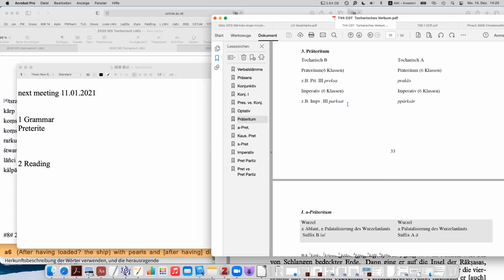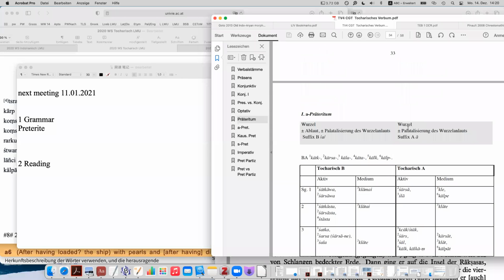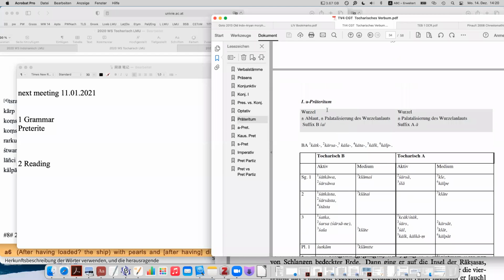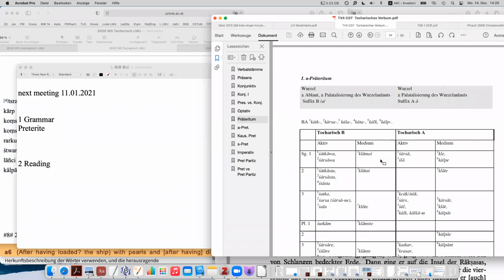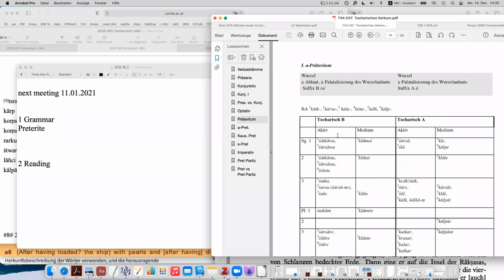But not every class is well attested or so popular. Only the first 3 are frequently used. So the first one, which I think is the most productive class, the first class, is also called the A preterite. For the first class, you can see some examples.